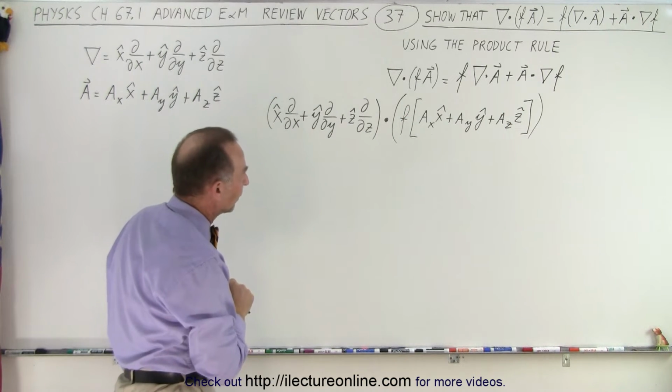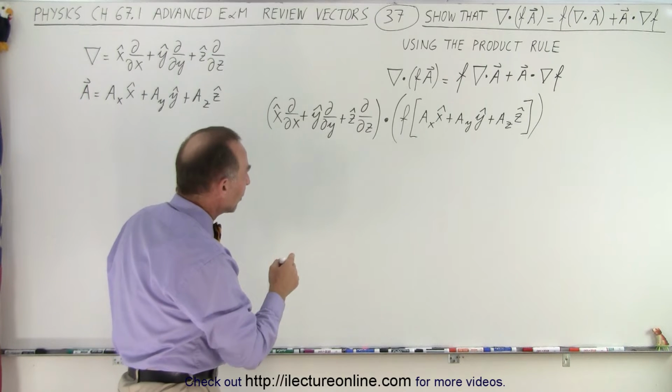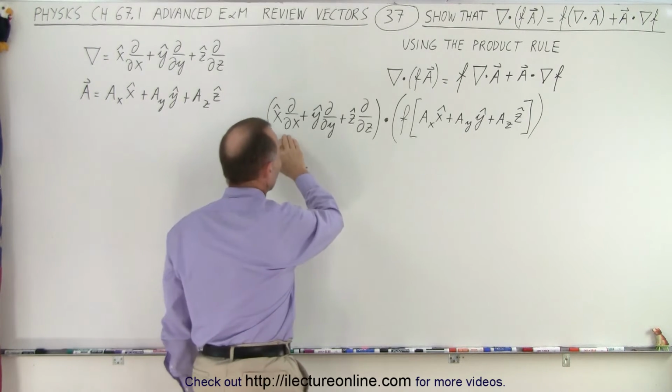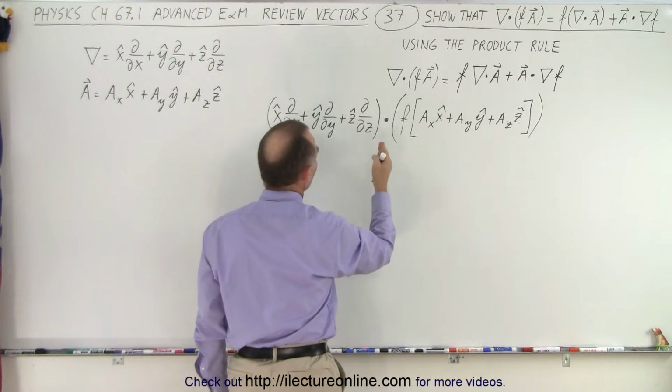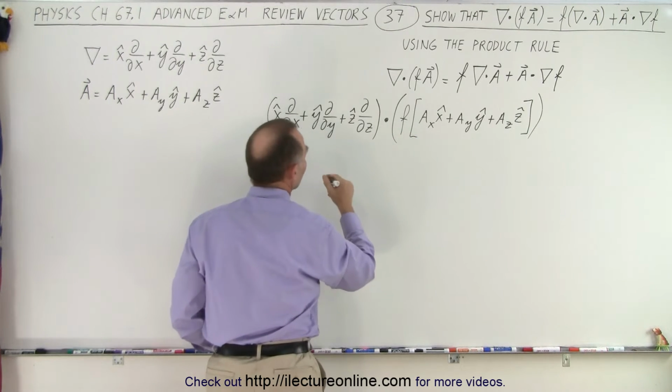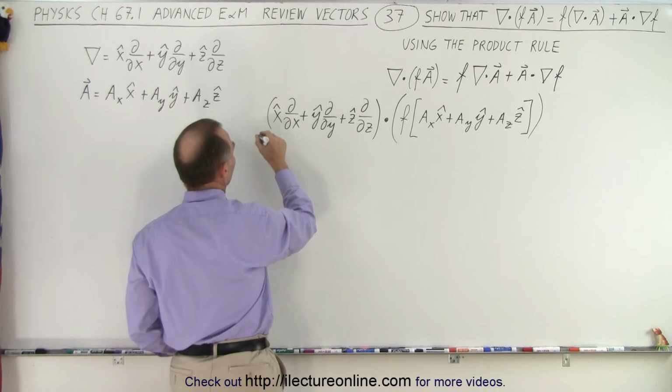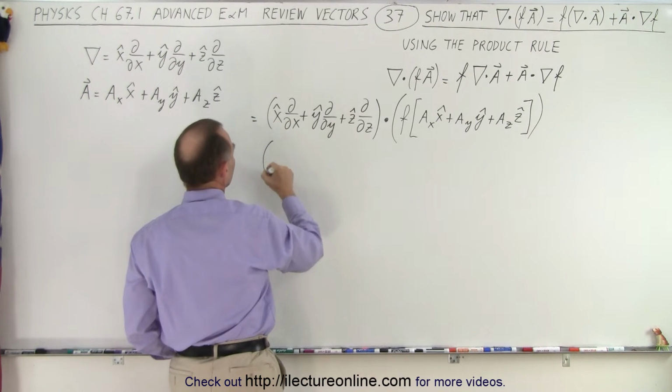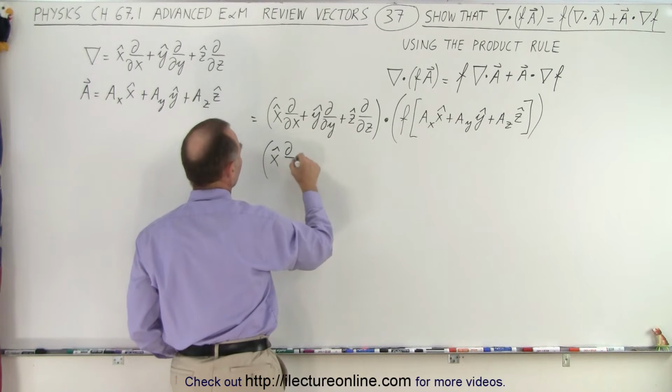All right. So essentially, when we take the divergence, of course, we now have the divergence of a product, but essentially this can be written as follows. So this can be written as the Del operator, like this.